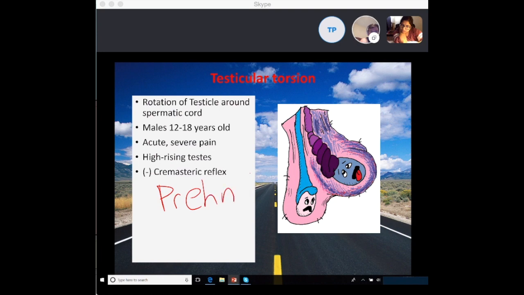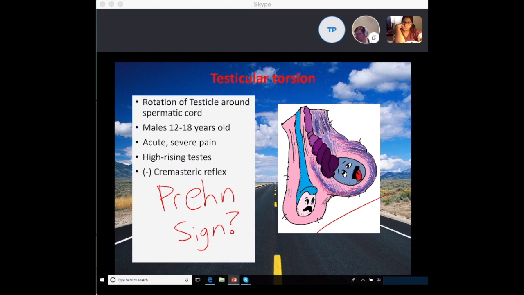Okay, so I don't have it on here, but do you guys remember what Prehn's sign is? So Prehn's sign is when you have a patient lying supine on the table and they are in testicular pain, like we got a guy here with testicular torsion, and you cup the scrotum and elevate it towards the trunk.